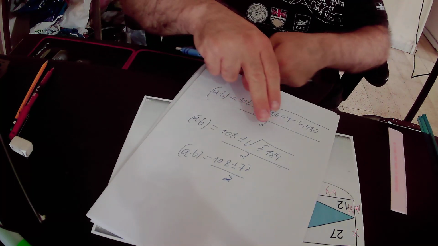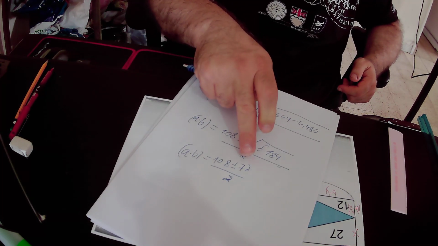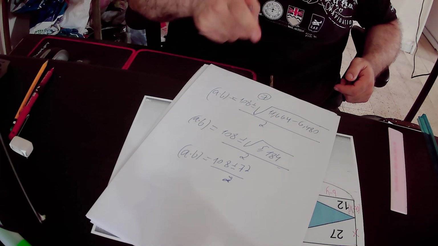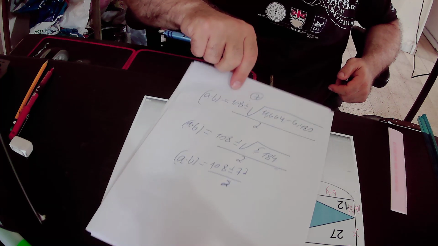Okay, the root of 5,184 equals 72, and 108 plus 72 equals 180.